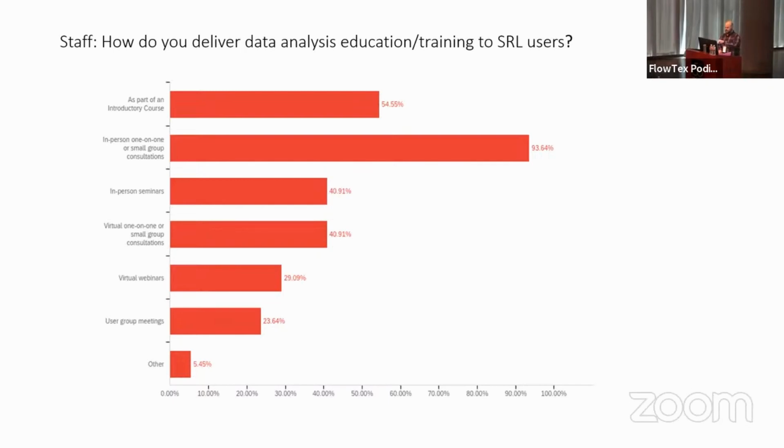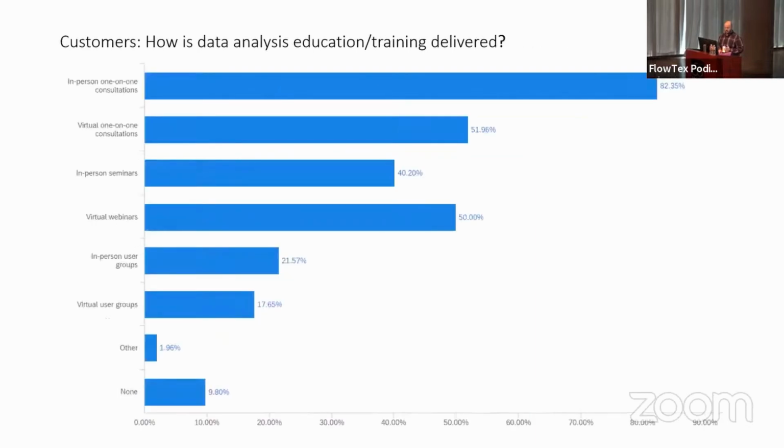But I think people are starting to work these more into the introductory courses that they provide when they teach flow cytometry. Other avenues are in-person seminars, virtual sessions, webinars. And then we asked the same thing to the customers, and they had a similar breakdown of how they got data analysis support from their SRL.